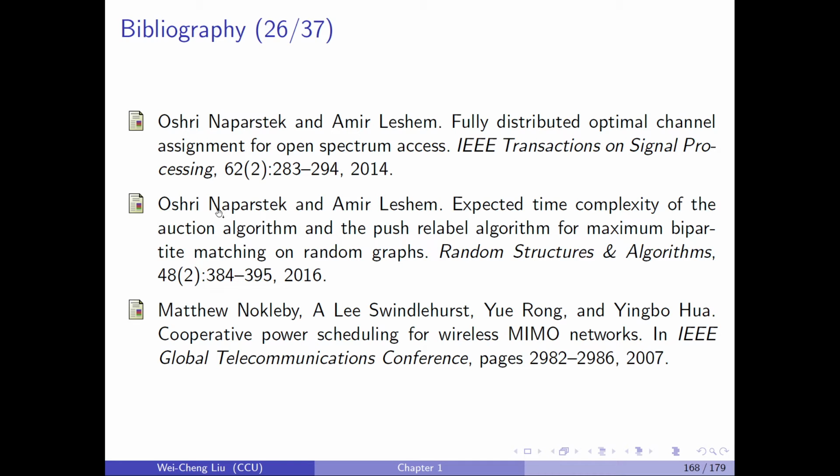Here, the title of their paper is Expected Time Complexity of the Auction Algorithm and the Push Relabel Algorithm for Maximum Bipartite Matching on Random Graphs, Random Structures and Algorithms in 2016.